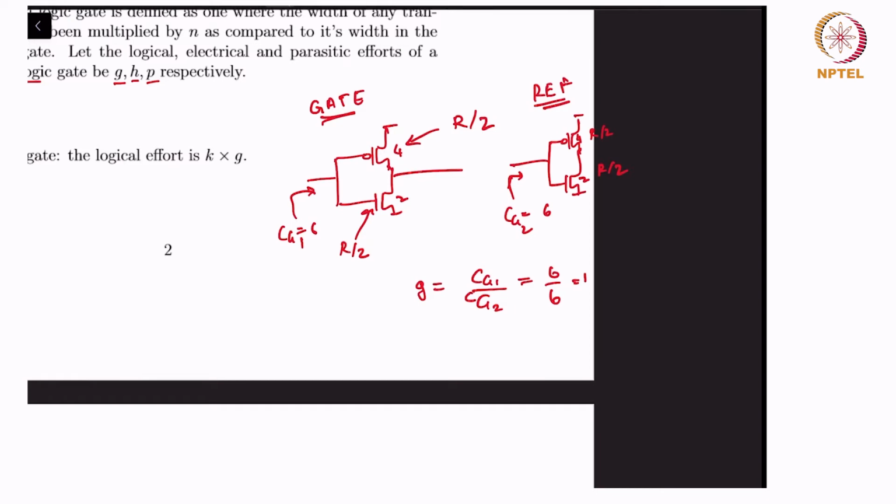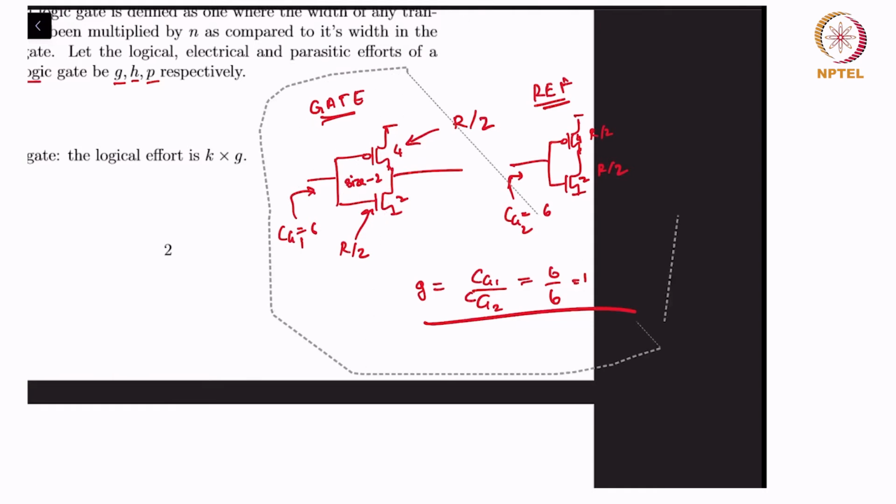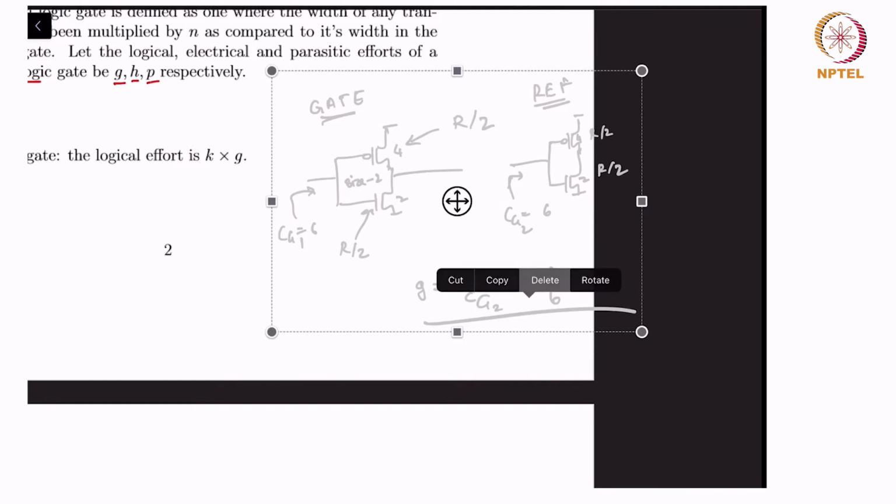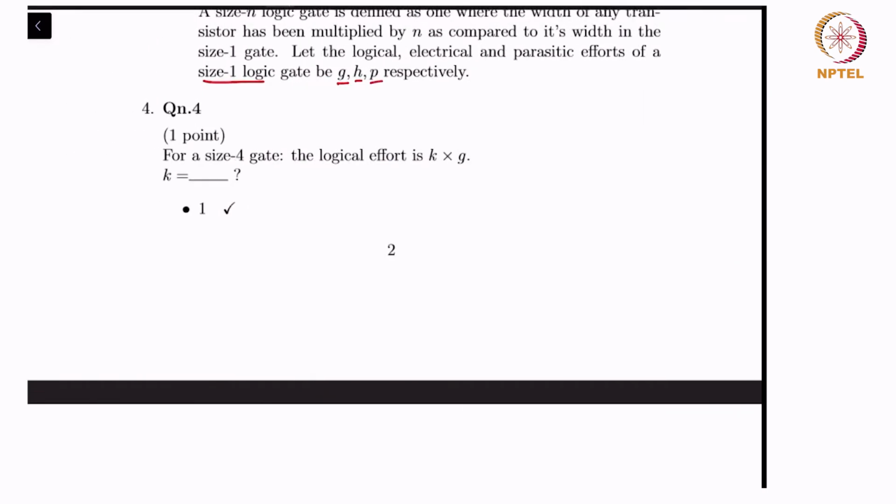For a size 2 inverter also, this is a size 2 inverter, right? Because all the transistors are doubled in width as compared to the size 1 inverter. And so therefore, you're seeing that the logical effort still does not change. It's still 1. So therefore, the new logical effort is 1 times the old logical effort. So K is 1.